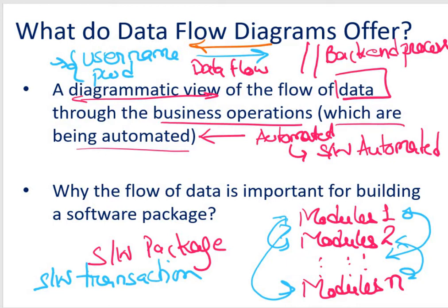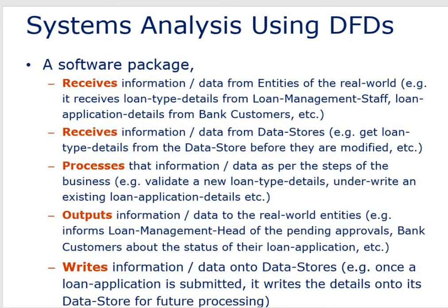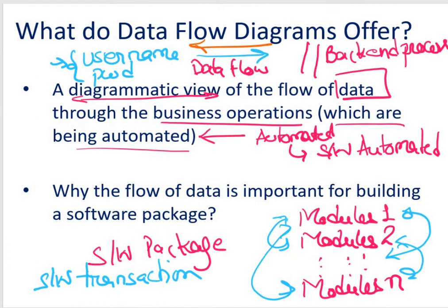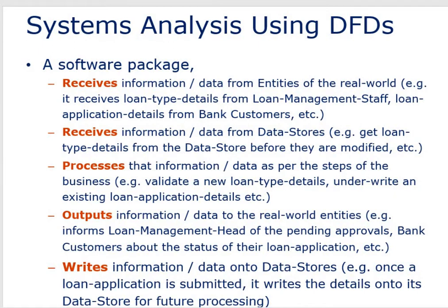Right, so let's talk about system analysis using these data flow diagrams. And this will much more precisely answer this particular question. So let's see the software analysis done using your data flow diagrams. Your software package will be receiving some information or data from the entities of the real world.